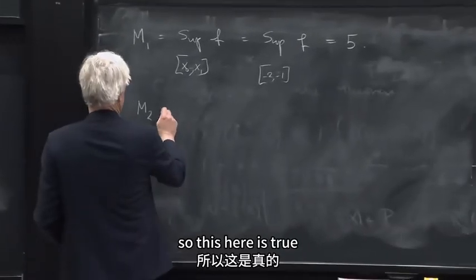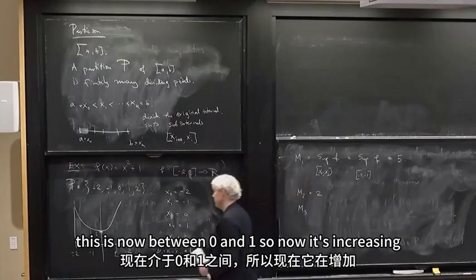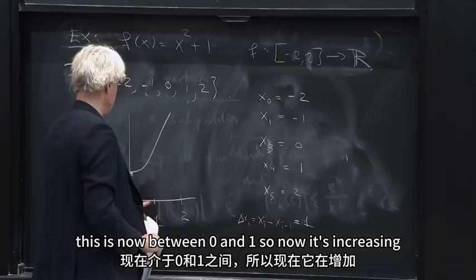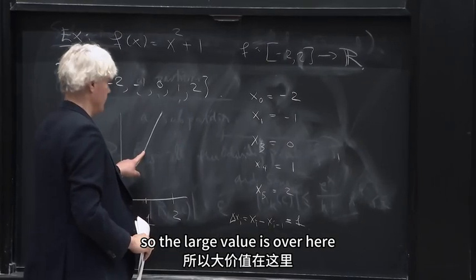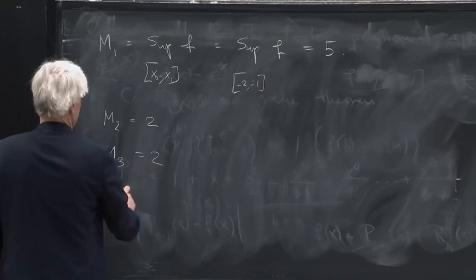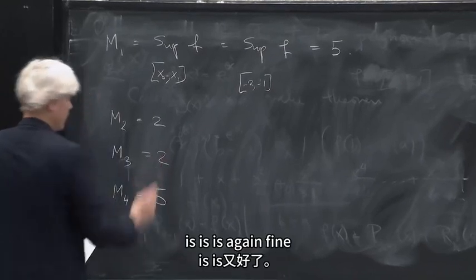And M3, between 0 and 1, is now increasing, so the largest value is over here, so that's again 2. And then the last one is again 5.